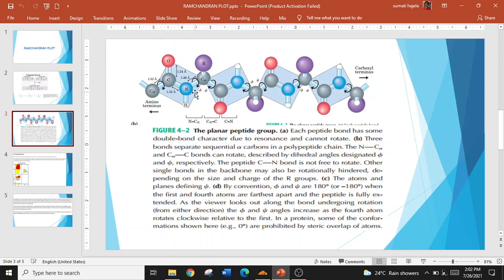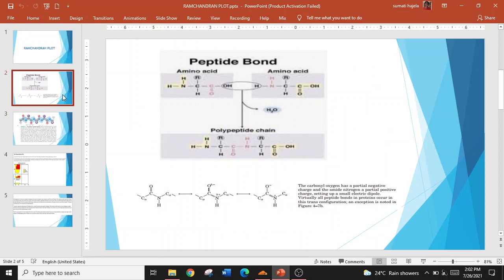This is the plane: O, C, N and H. This arrangement is like that. The oxygen atom of the carbonyl and the hydrogen atom of the amide nitrogen are trans to each other. You can see here, this is the trans position. So these are trans to each other.